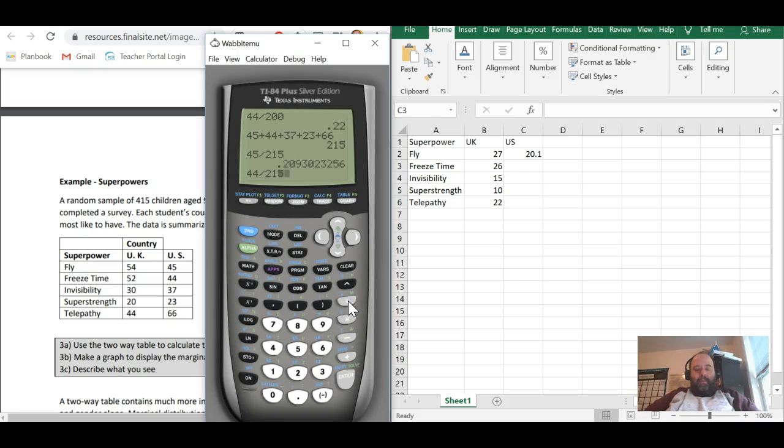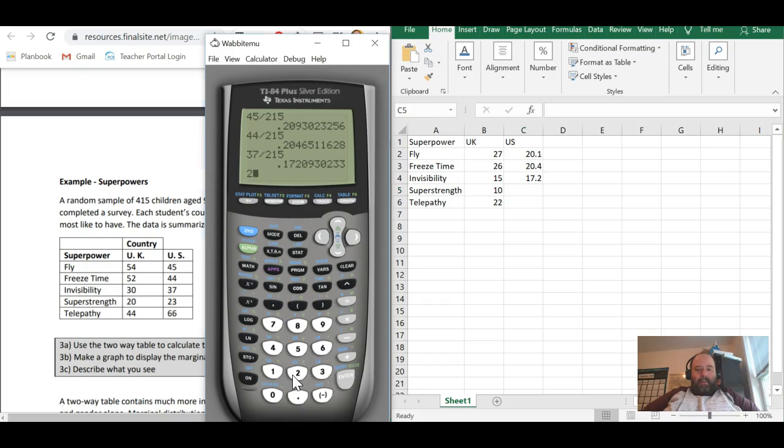44 divided by 215 is going to make this 20.4%. 37 divided by 215 gives me 17.2%.